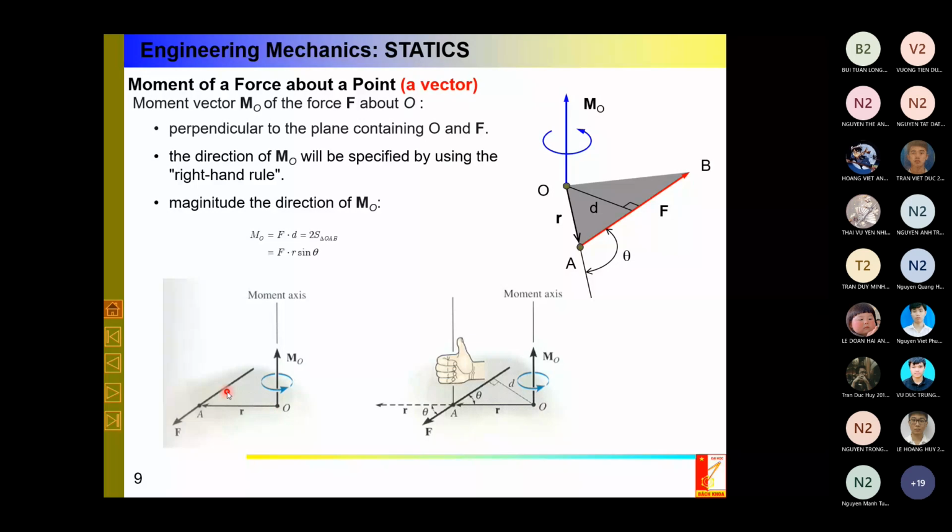Using the right hand rule again, the thumb will show the positive direction of the moment MO.